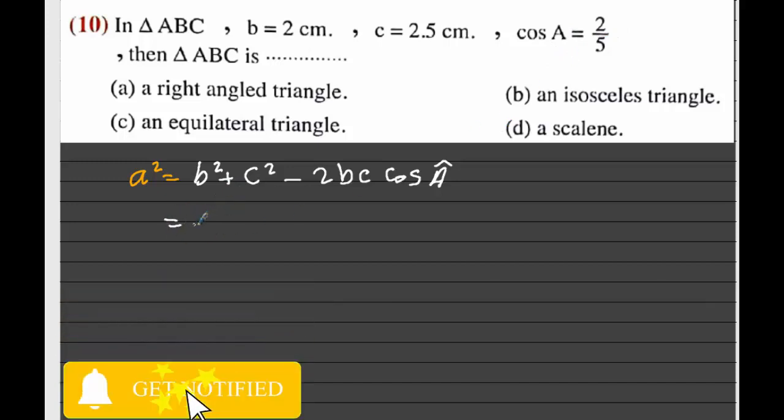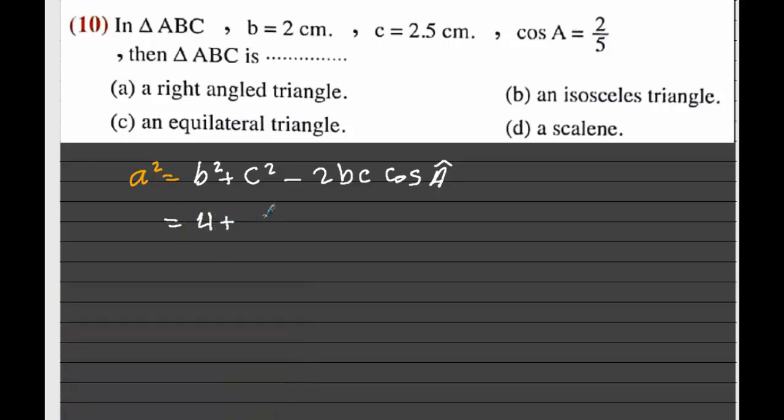So substitute B square will be 4 plus C square, 2.5 all square, which equals 6.25 minus 2 multiply B, which is 2, multiply C, which equals 2.5, multiply cosine A, which equals 2 over 5, and this is A square.